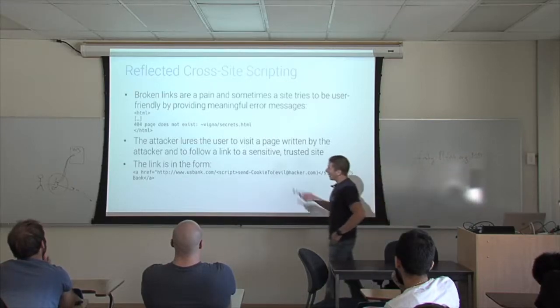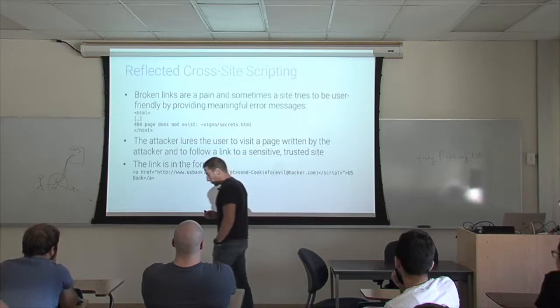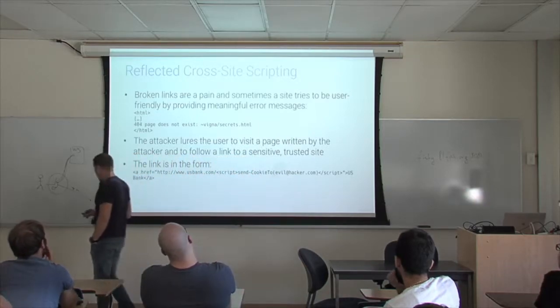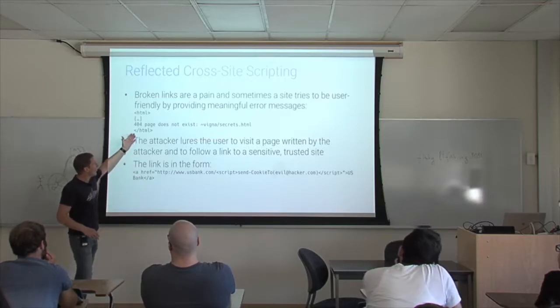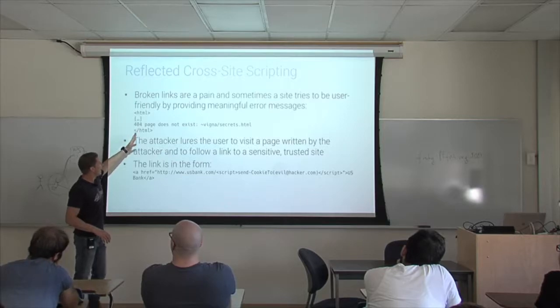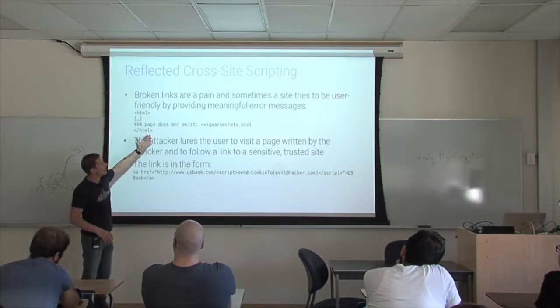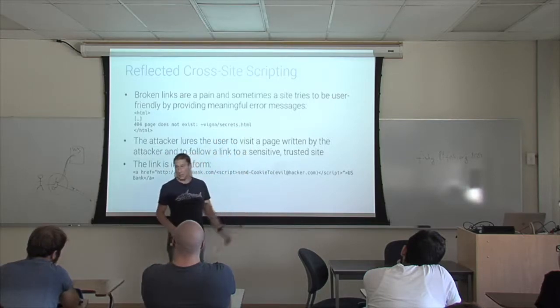So this is an example of how you would exploit a reflected cross-site scripting attack. You would have, for example, a server that wants to be very nice, and whenever you provide a URL that doesn't exist, it gives you back the URL that does not exist.